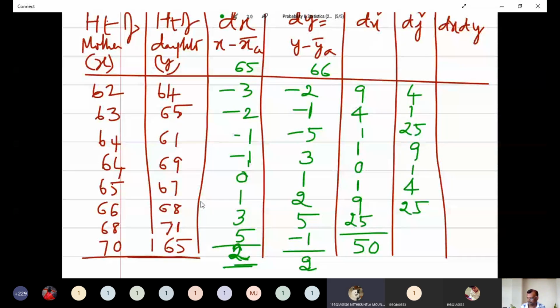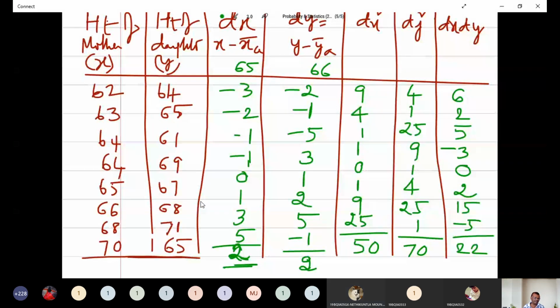Summation 70, sir. 70. Now dx dy: 3 into 2, 6. Then 2, 5, minus 3, 0, 2, 15, minus 5. What is this value? 22, sir.